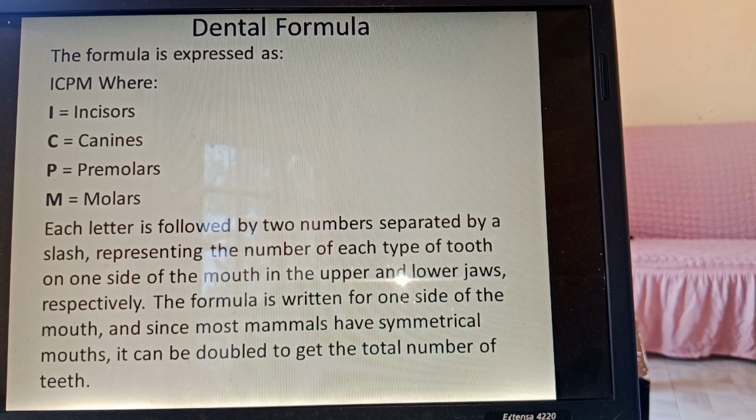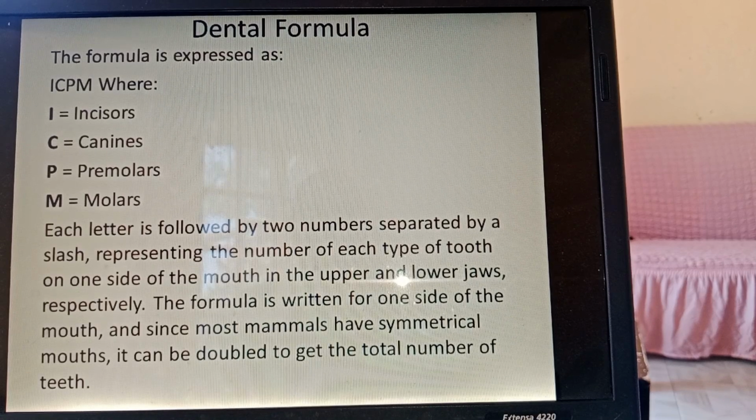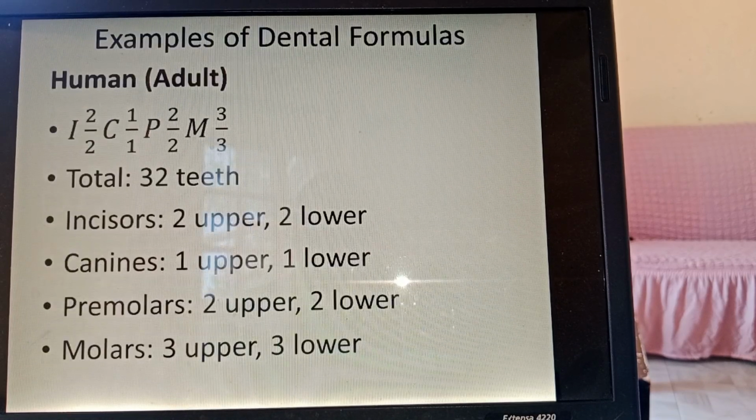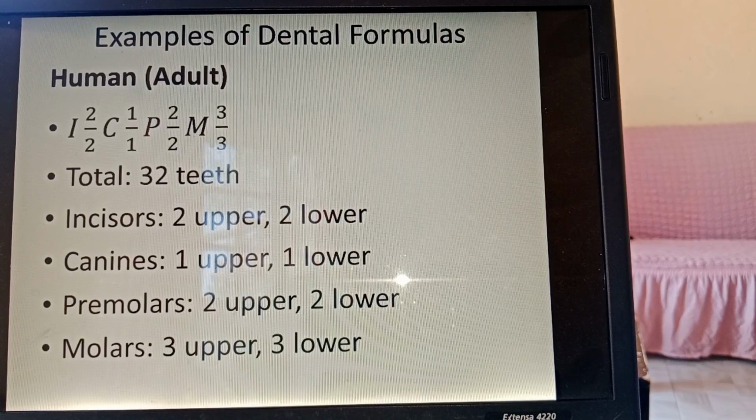Each letter is followed by two numbers separated by a slash, representing the number of each type of tooth on one side of the mouth in the upper and lower jaws, respectively. The formula is written for one side of the mouth, and since most mammals have symmetrical mouths, it can be doubled to get the total number of teeth. Examples of dental formulas. We have the human adult.